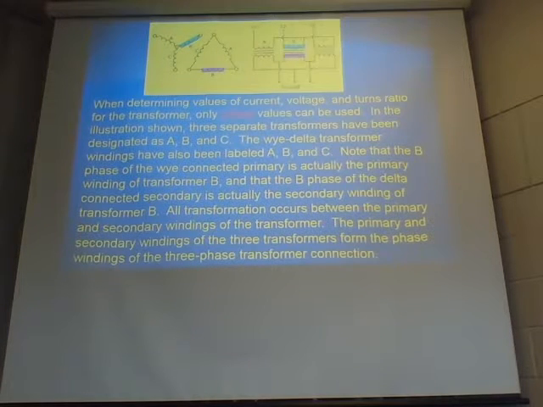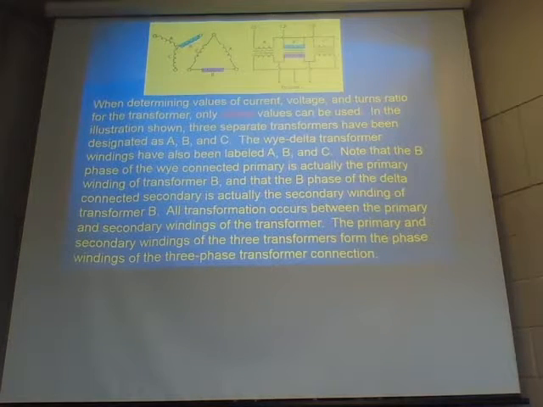In this illustration, 3 separate transformers have been designated A, B, and C. The Y delta transformer windings have also been labeled A, B, and C. Note that the B phase of the Y connected primary is actually the primary winding of transformer B. And the B phase of the delta connected secondary is actually the secondary winding of transformer B. All transformation occurs between the primary and secondary windings of the transformer.